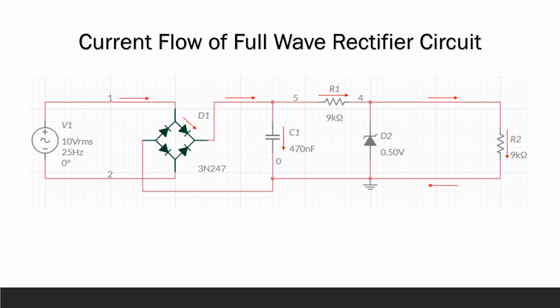The Zener diode acts as a regulator to keep the output voltage constant and keeps going to the second diode and then goes back to the negative terminal.